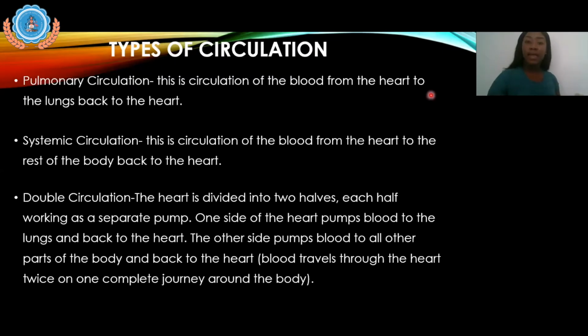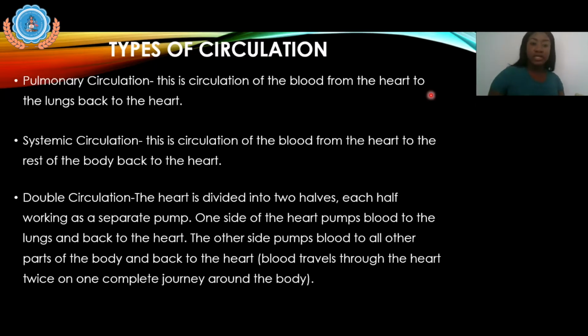The systemic circulation is circulation of the blood from the heart to the rest of the body and back to the heart, which is normally carried out by the aorta and the vena cava.